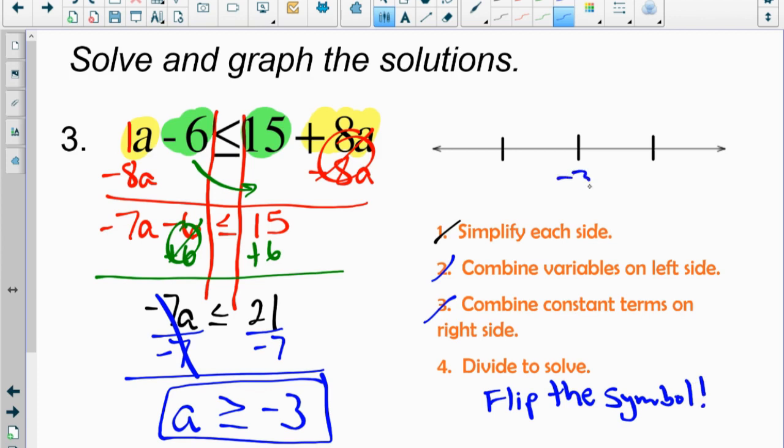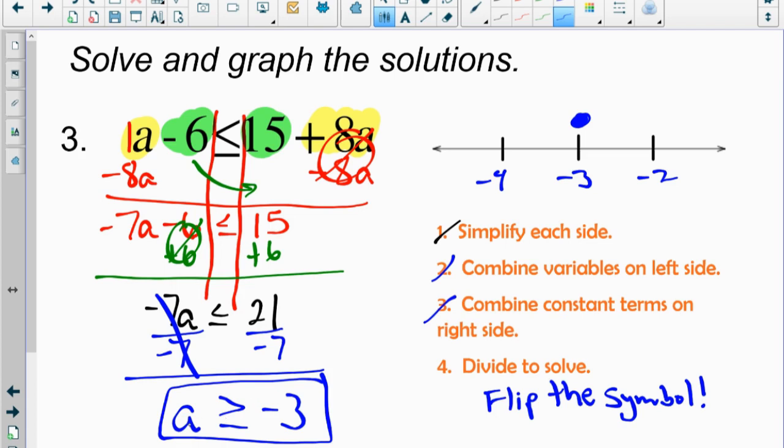For our graph, negative 3, negative 2, to the left would be negative 4. Would I draw an open or a closed circle for this inequality? I would draw a closed circle for this inequality because negative 3 is a possible solution.